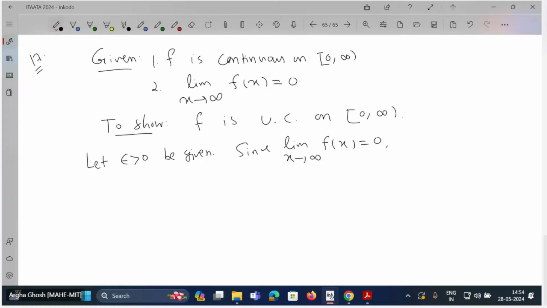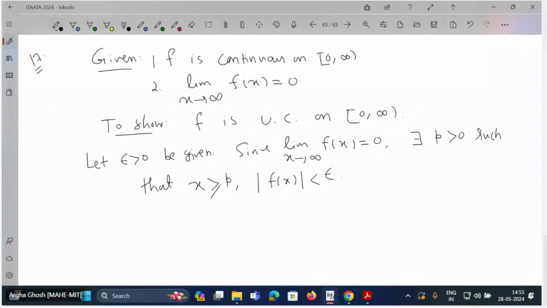There will exist a real number p, obviously greater than 0, such that for x greater than or equal to p, the mod of f(x) is less than epsilon.